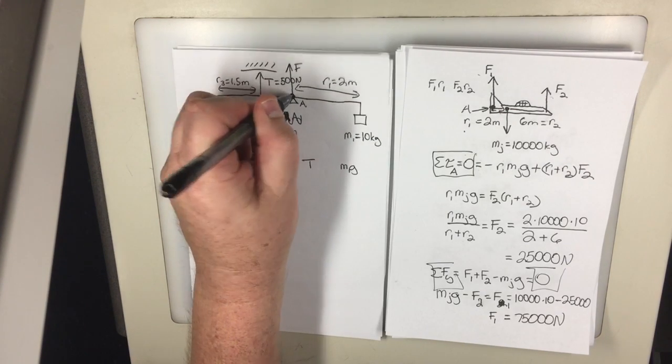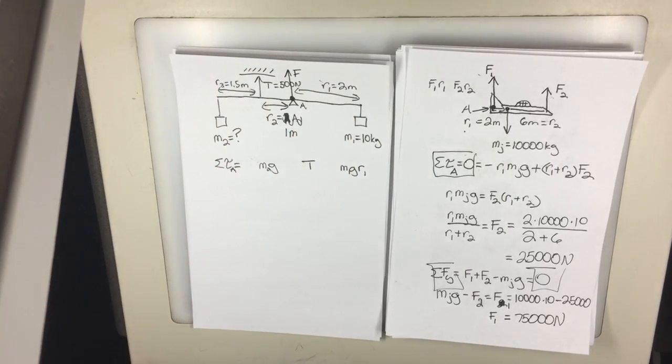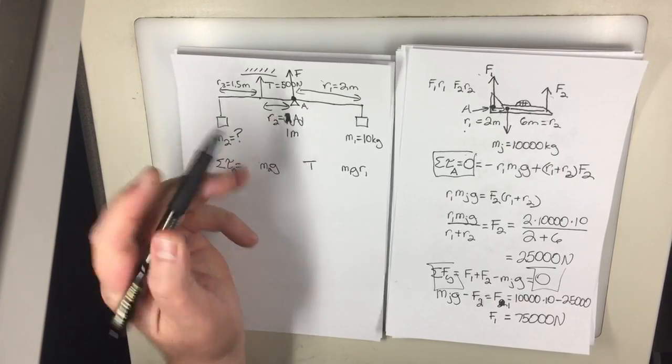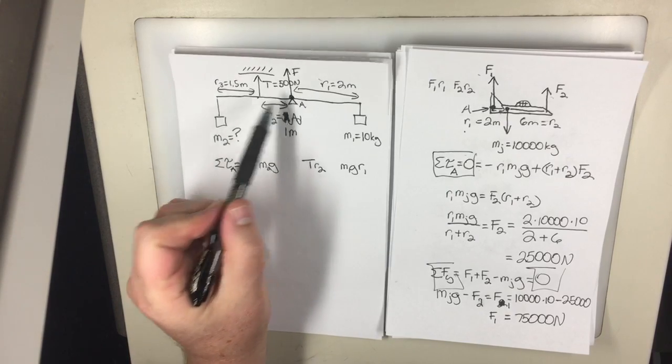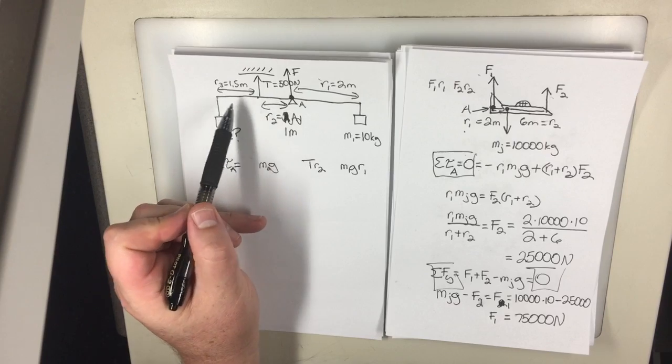So the distance from there to there is R1. The distance from there to there is R2. But the distance from there to there is not R3, it's R2 plus R3.